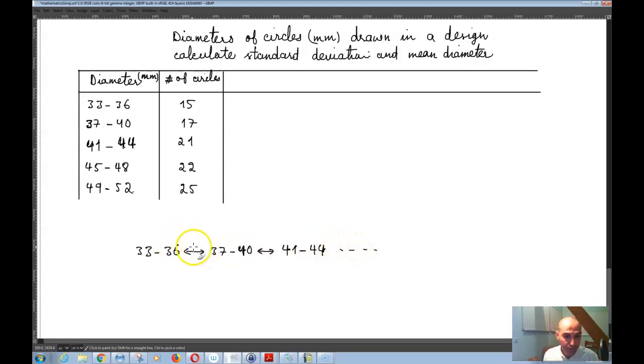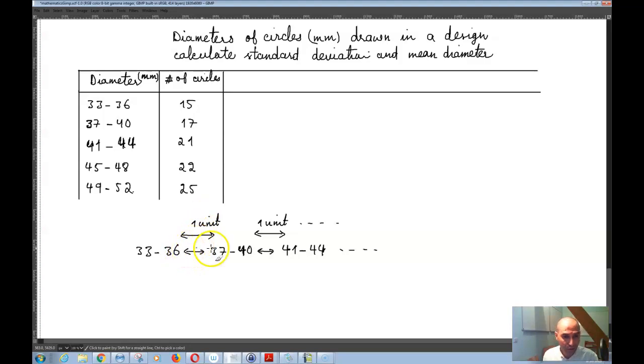The distance over here, 36 to 37, is 1 unit. Again you have 1 unit over here, and so on. So somehow you need to cover this 1 unit.